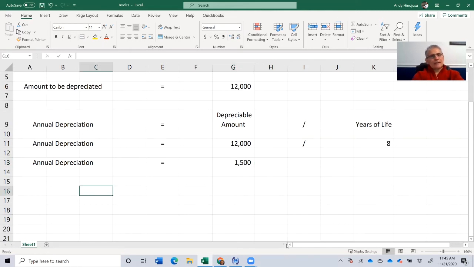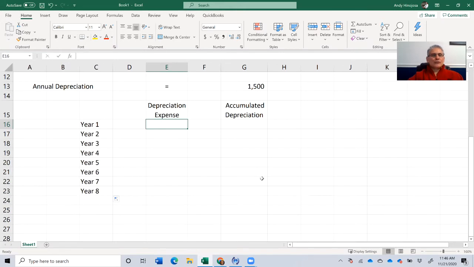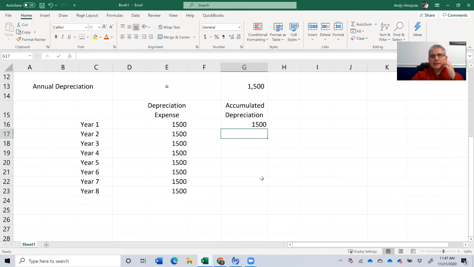Now, if we're going to keep track of this every year, let's say it's year 1, we're going to call that depreciation expense. So for this trailer, we can see that every year we're going to depreciate it $1,500. All right, so for 8 years in a row, we're going to depreciate it. Now, each year, we're going to figure out, well, what is the accumulated depreciation? Well, the first year, it's only been done once, so it's $1,500.